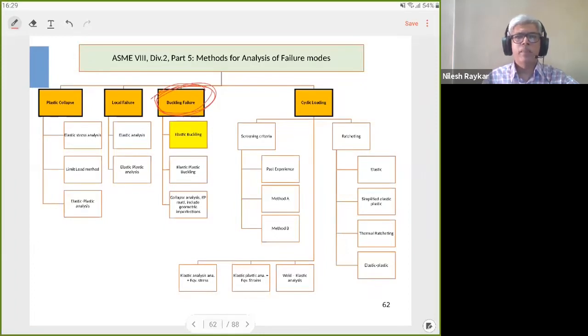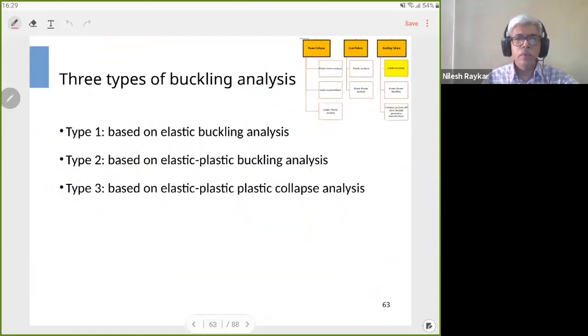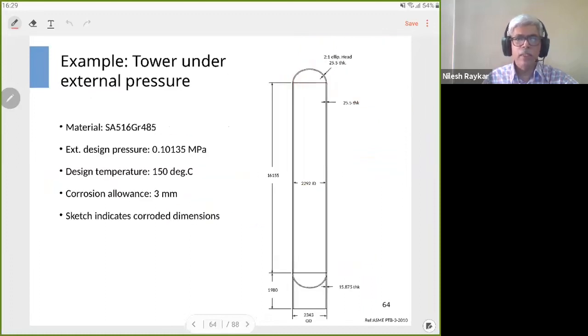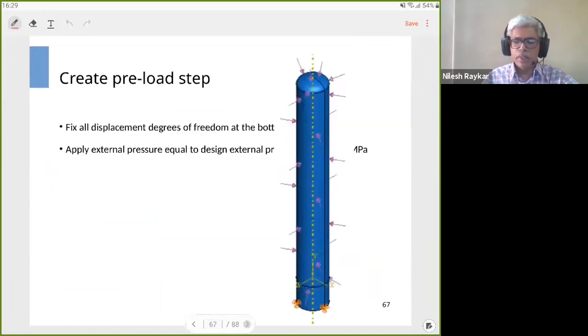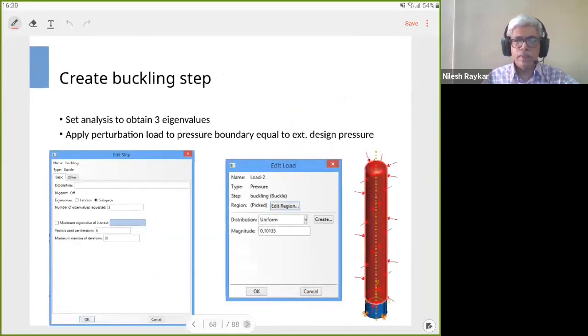And then under the application of load, you find out the critical load under which the buckling will occur. That is what this particular analysis would do. Again, here there is elastic, elastic-plastic, and elastic-plastic with more geometric details. These are the 3 options available, and I have explained that with respect to a tall vessel.